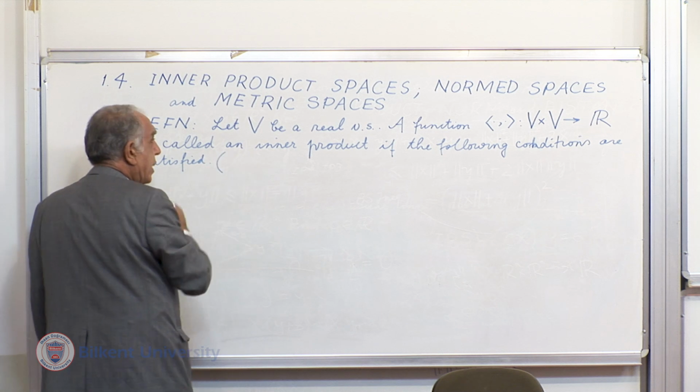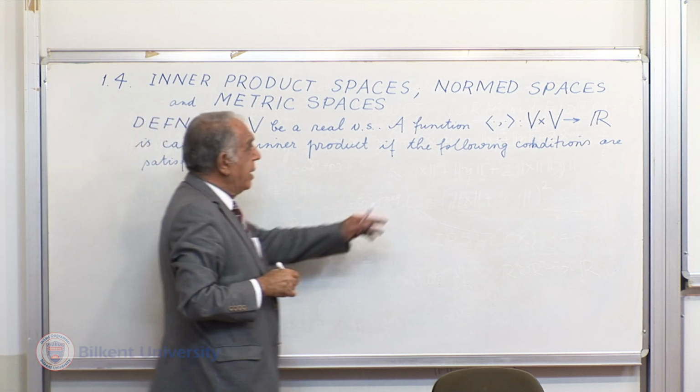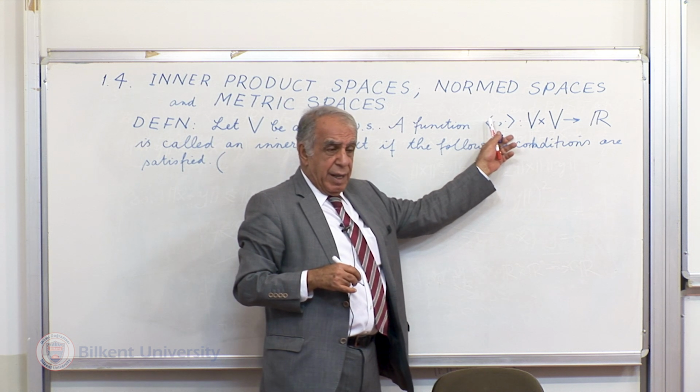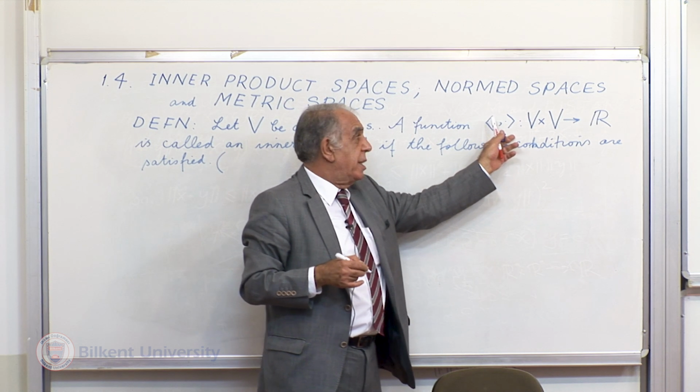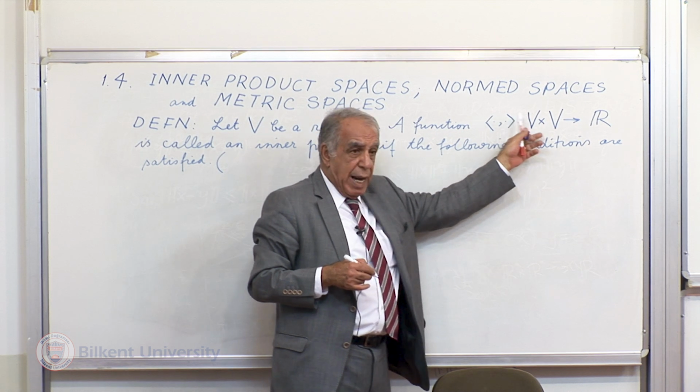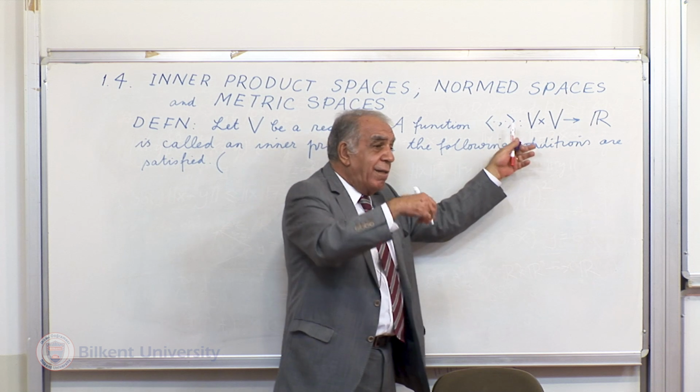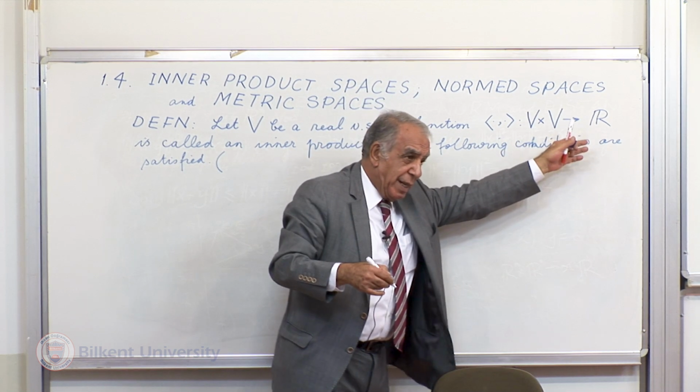Now here, if this symbol stands for a function, the functional notation usually is given a pair xy in here, then you write this symbol of xy equal to some real number.